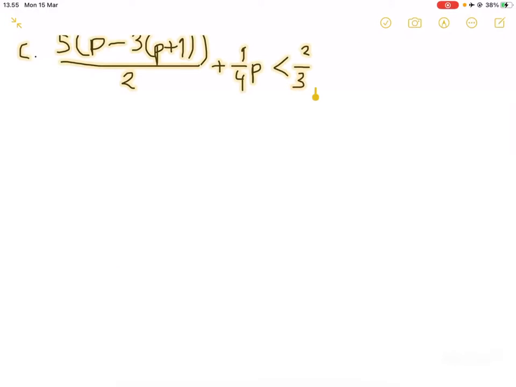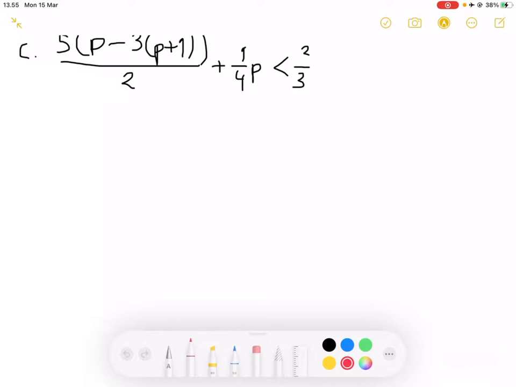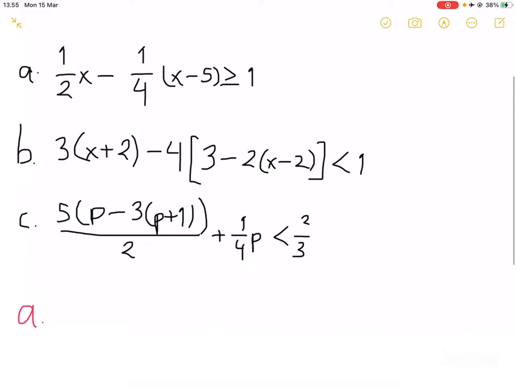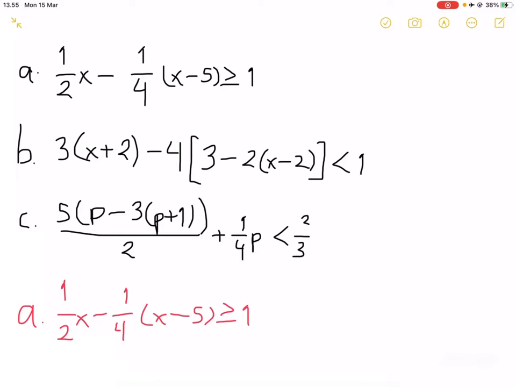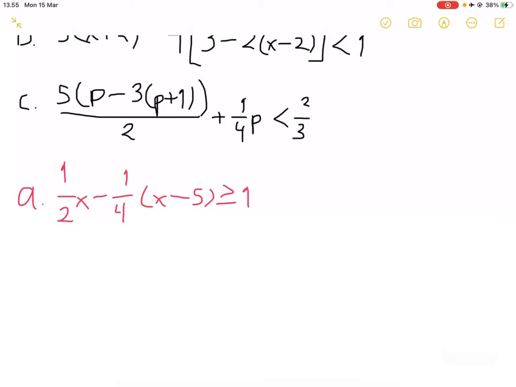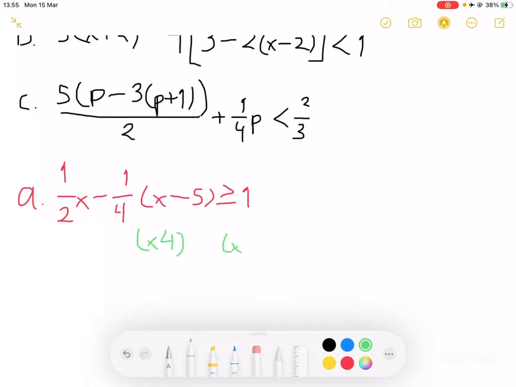Alright, so let's start off with question A, which is a half of x minus a quarter times x minus 5 is greater than or equal to 1. What I would like to do is to multiply 4 on both sides, just so that we can remove the denominator very nicely.